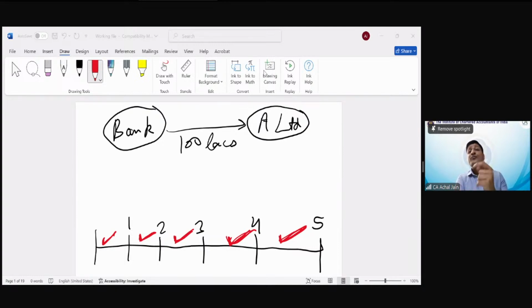Will that give you some additional comfort or not? Yes or no? Now, the bank, being in the business of lending, needs this comfort because every day the bank has to deal with hundreds of such customers. So the bank would need some security.